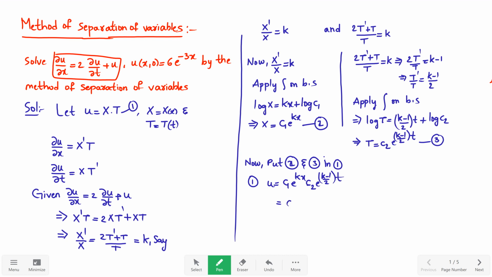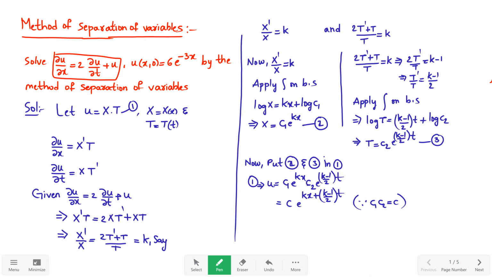We can also write it as c e^(kx + ((k - 1)/2) t), if we assume c1 c2 as c, which is the required solution.